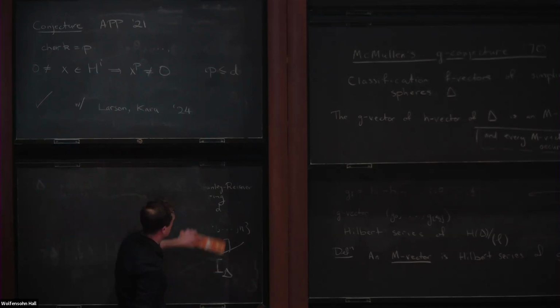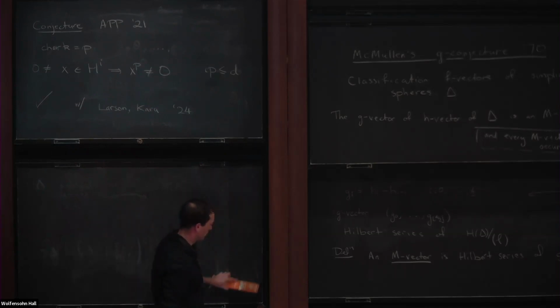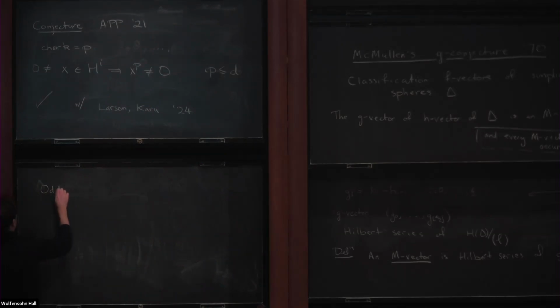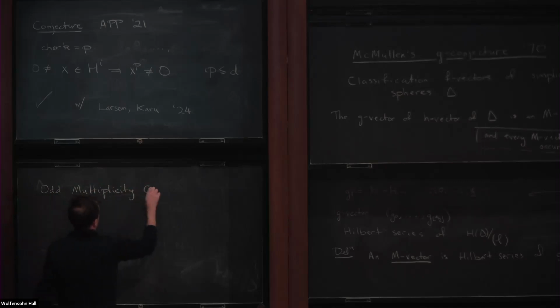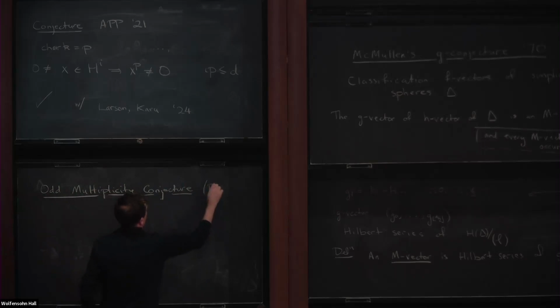So another conjecture which came out of this theory was a very interesting conjecture called the odd multiplicity conjecture. This was made by Papadakis and Petrotou, I think in 22.